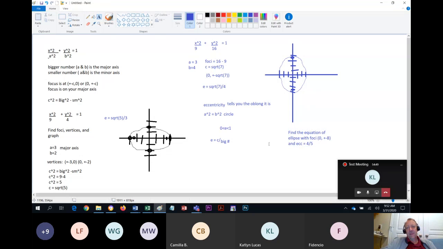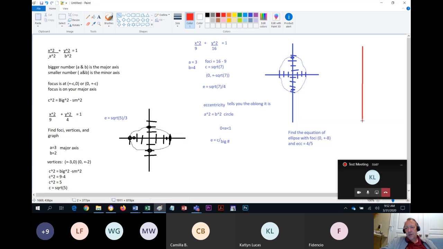Okay. So here I'm going to pick a different color for this one. I'm also going to erase part of this so I can put it over here. Okay.